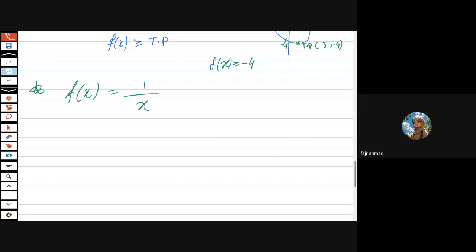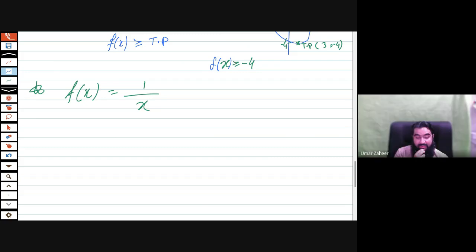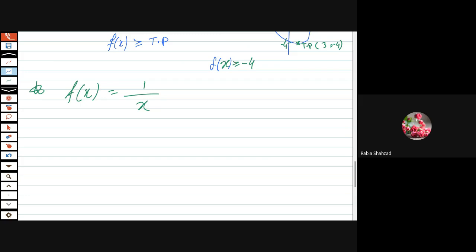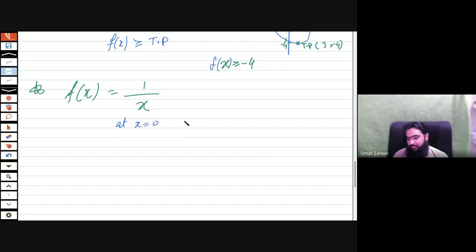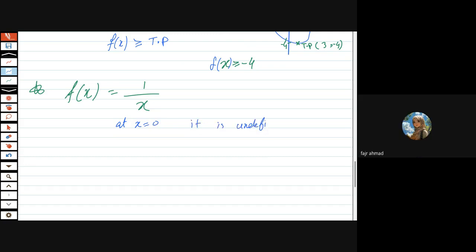For which value? Value means you have to substitute 1, 2, 3, 4, 5, 6, minus 1, minus 2, 0. For which value? Zero. At x is equal to 0, it is undefined.